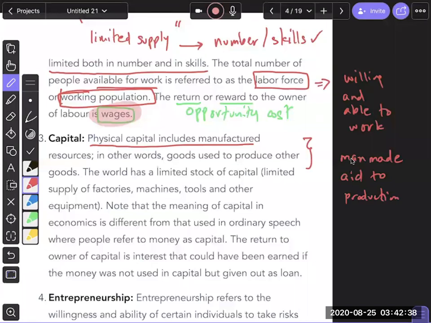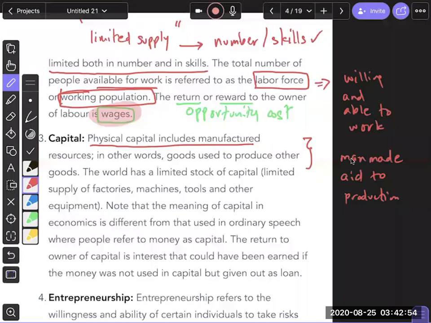Right now I'm using my laptop and my iPad to teach a class, so that's also capital for me. Tools, for example, are also capital. Anything which is a man-made aid to production will be called capital.